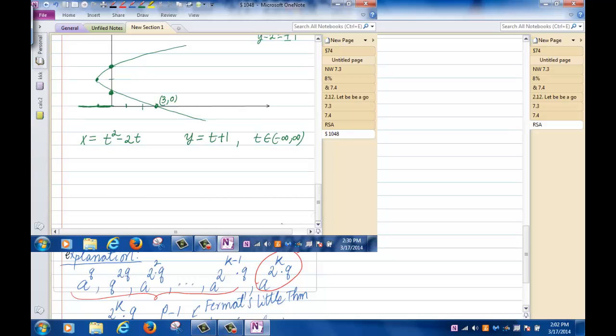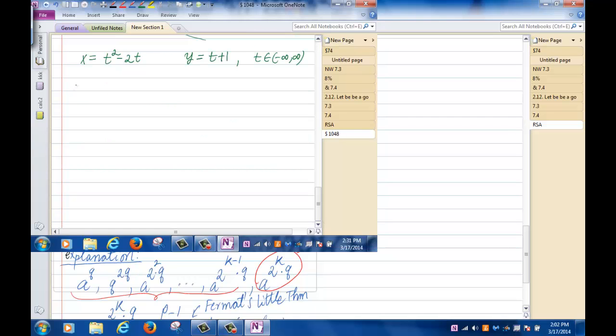Now let's look at the behavior of these two functions as functions of t. What do I mean by that? I mean how these functions are increasing and decreasing. So notice, what is x prime of t? x prime of t is 2t minus 2, which is 2 times (t - 1), right?